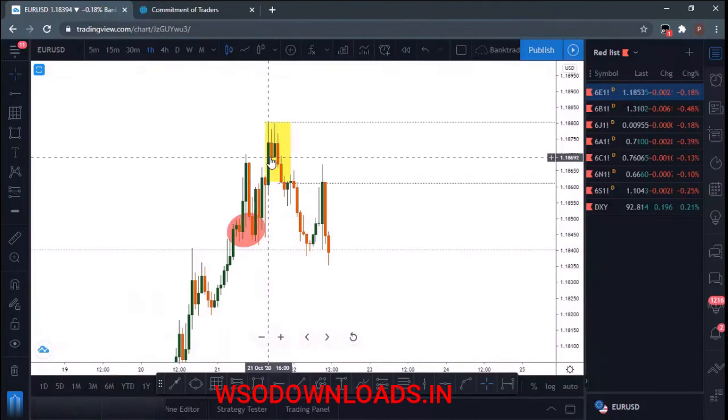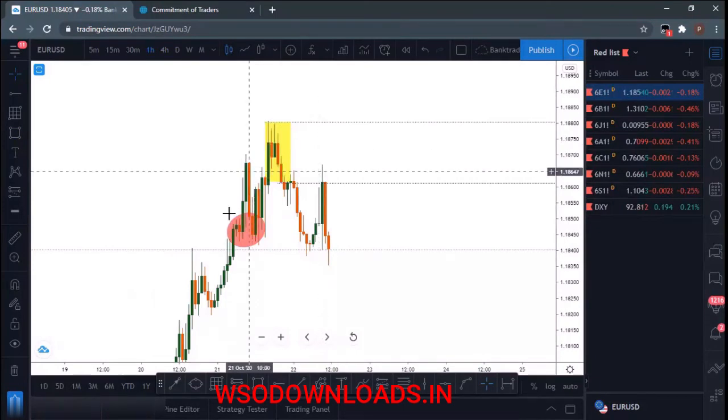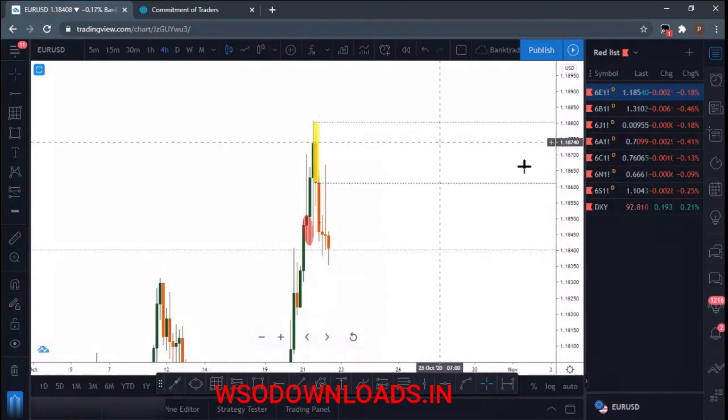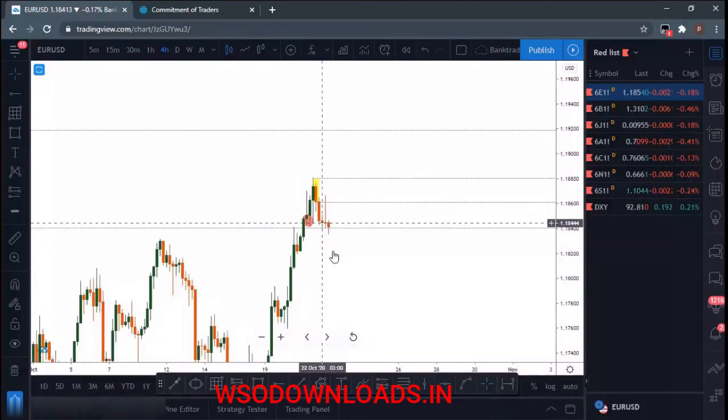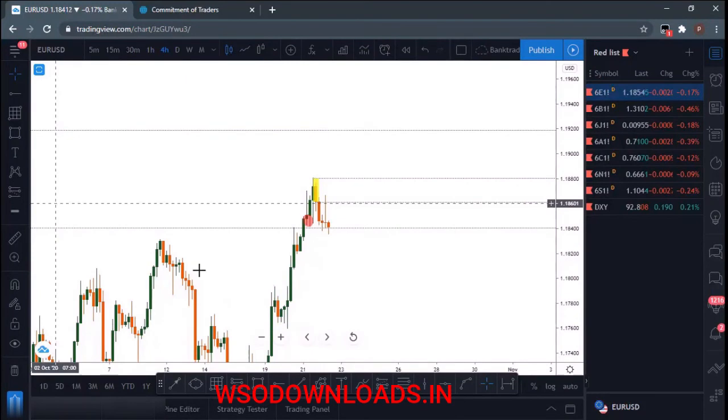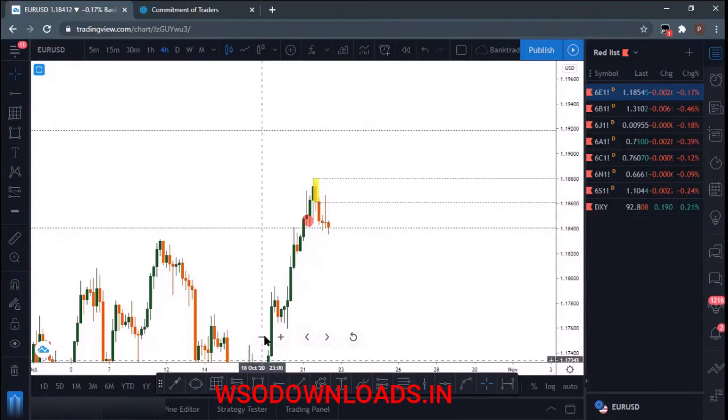So you wouldn't have been on this trade because price slightly went up but didn't come back to that area, didn't get to your entries if you're looking at the 1 hour. So you can still look for price to come back to this area, or create a new 4-hour area here as it drops, and then look for entries from that area.